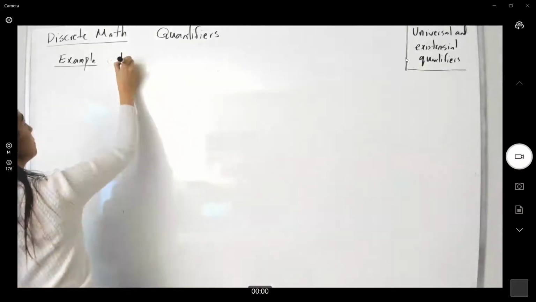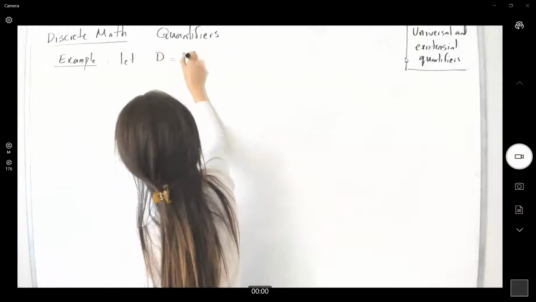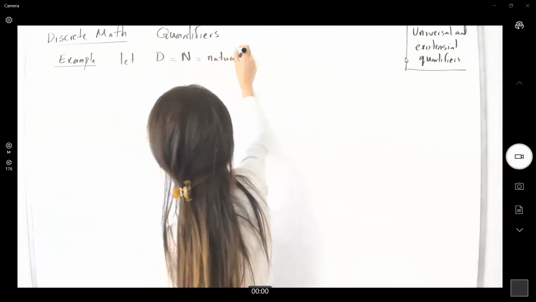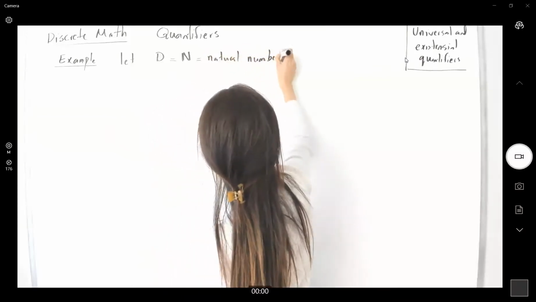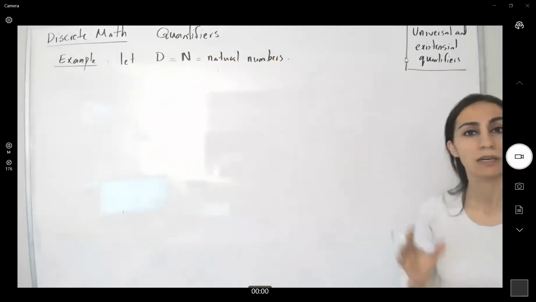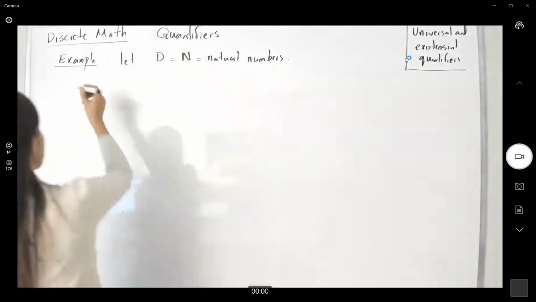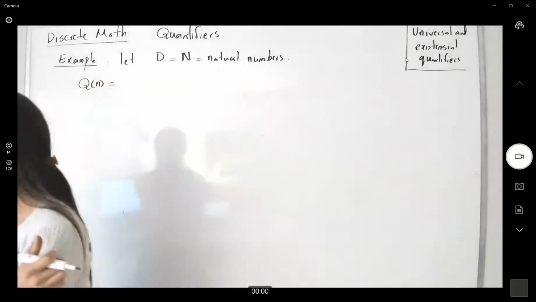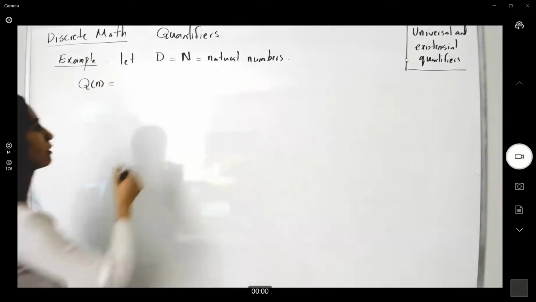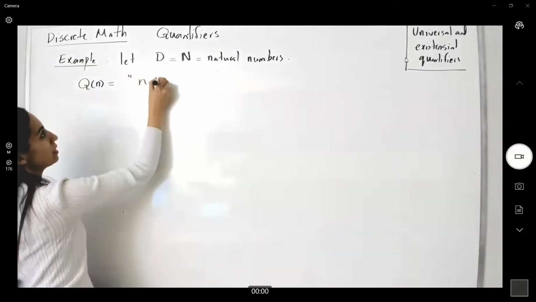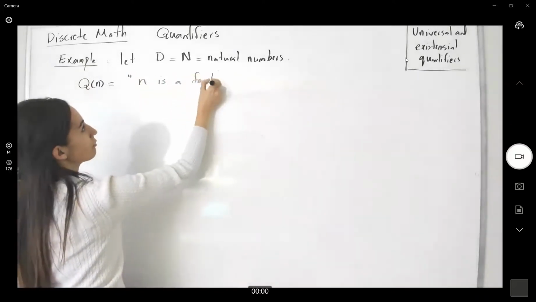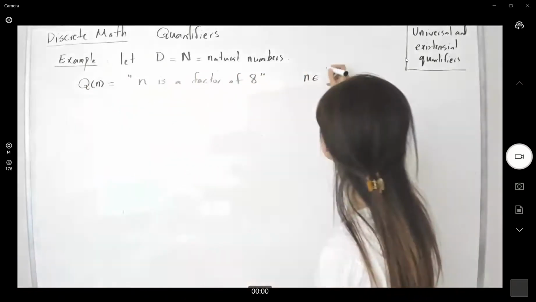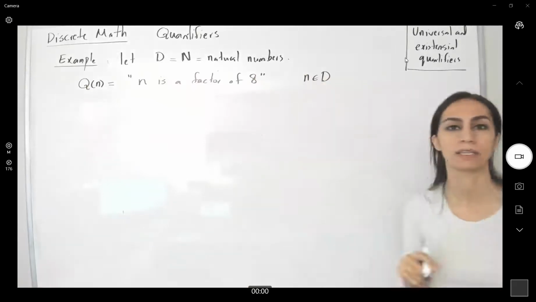Let D be n, natural numbers, and we say that our predicate is Q of n, which is defined as n is a factor of 8, and n belongs to D. And the domain is natural numbers.